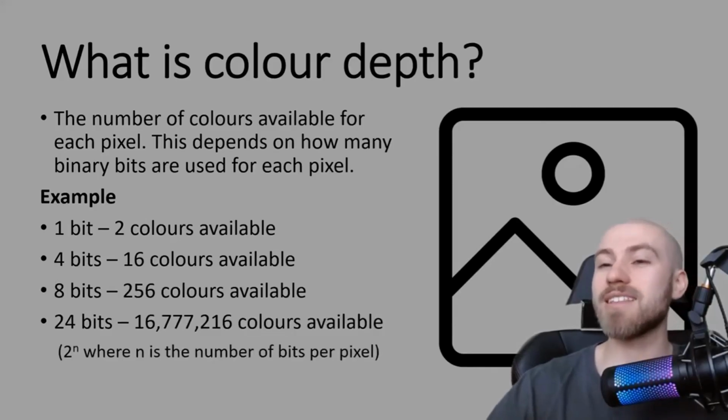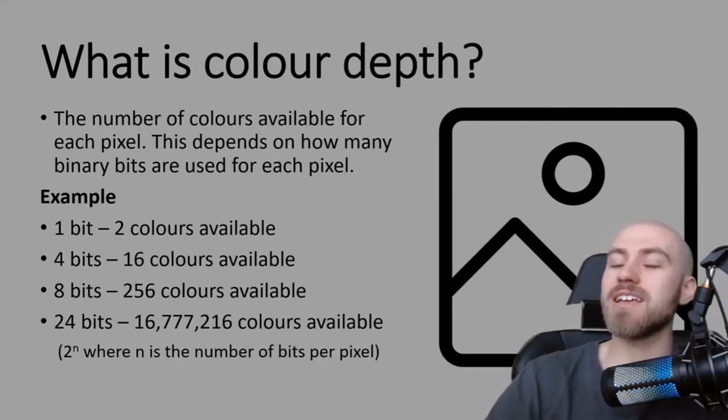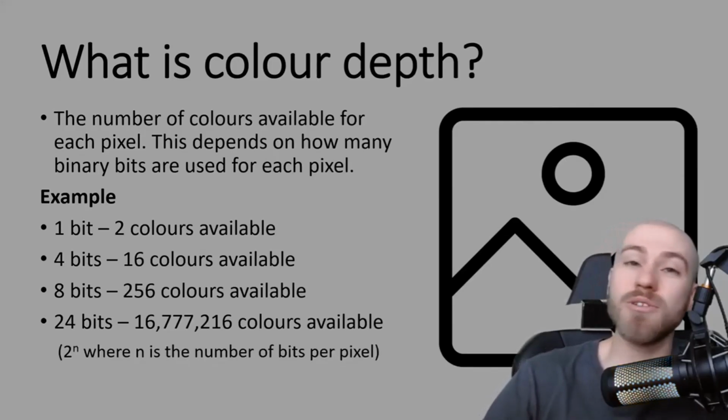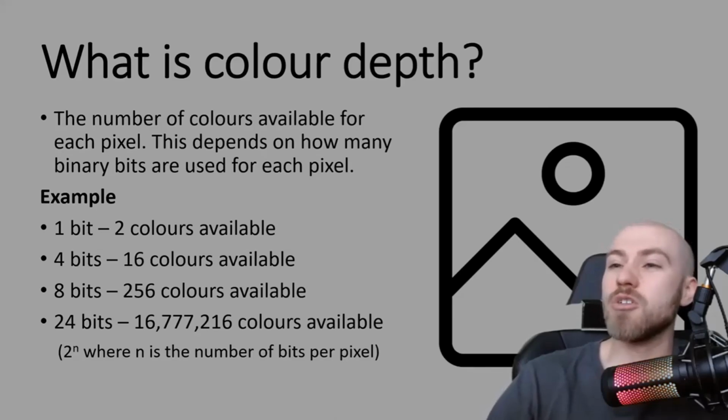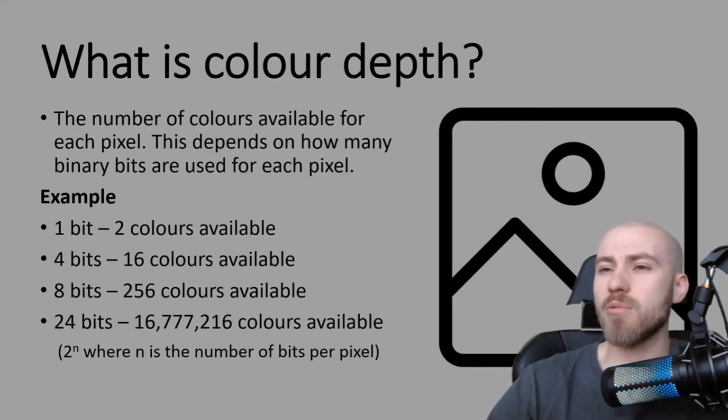And to calculate that, there is actually a way of calculating it. So you can just do 2 to the power of n, where n is the number of bits per pixel. So for example, if we were just using our 8-bit conversion chart like we've done loads of times with our binary conversions, we can do 2 to the power of 8, which gives us 256, which is a really quick way of working it out.